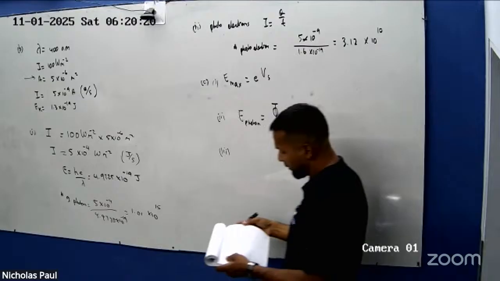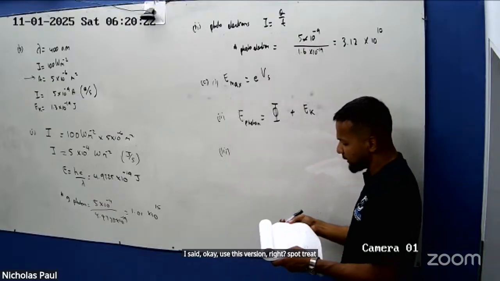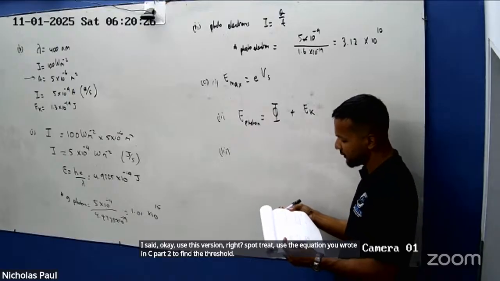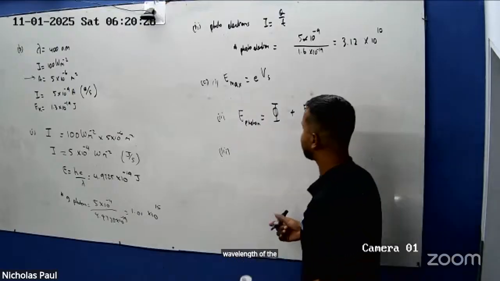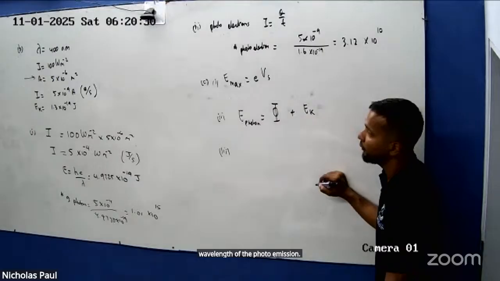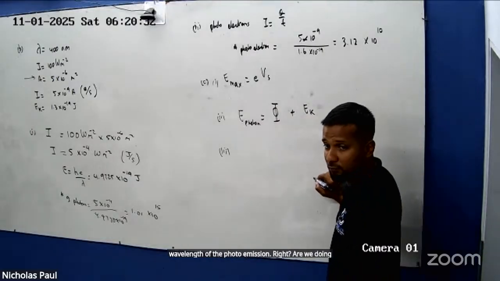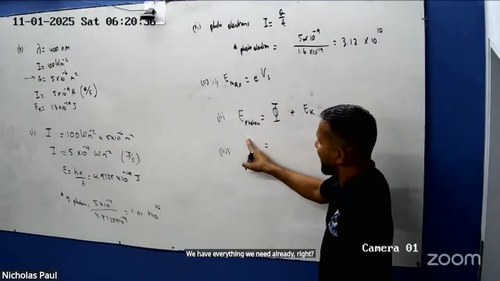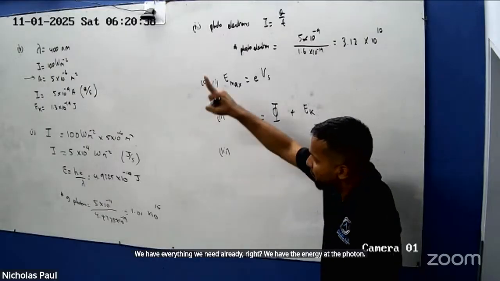Part 3. Use the equation you wrote in C part 2 to find the threshold wavelength of the photo emission. How are we doing that? We have everything we need already.